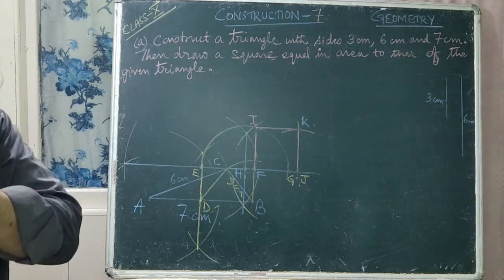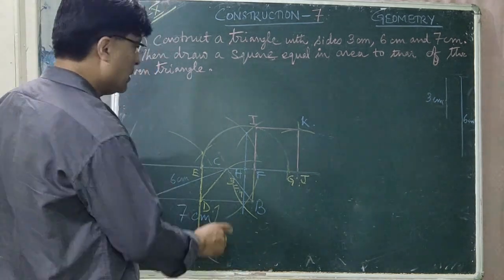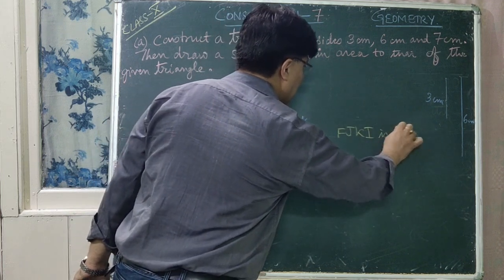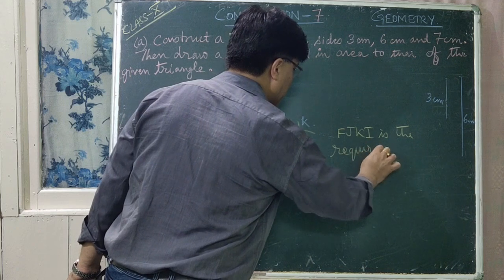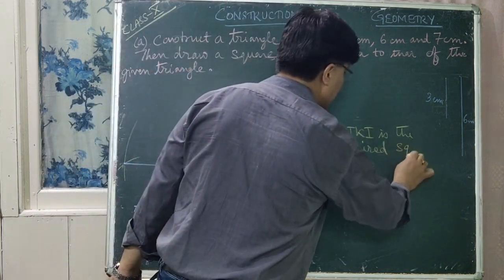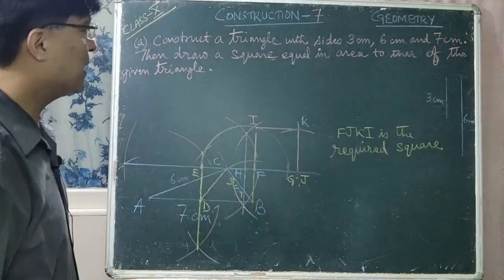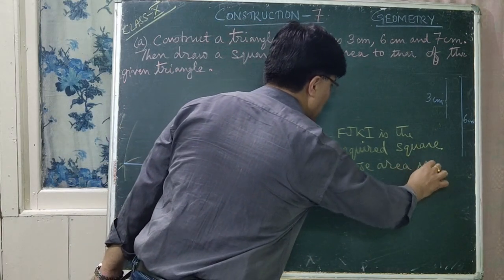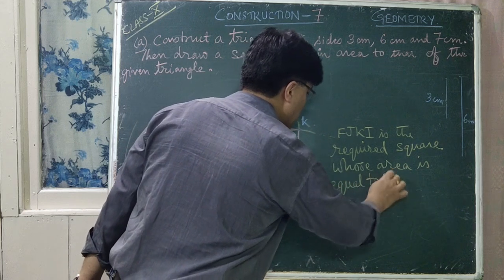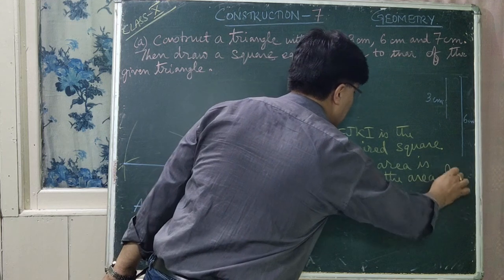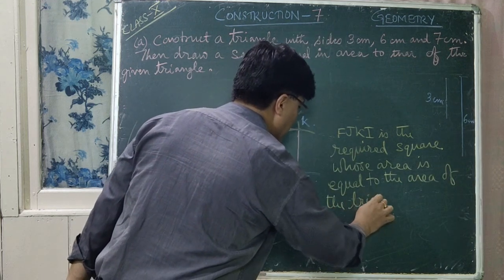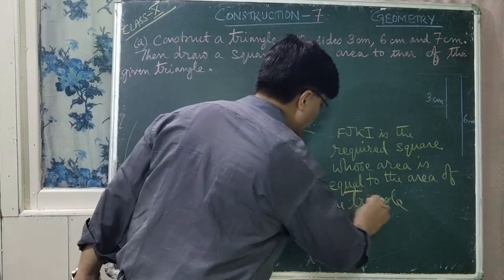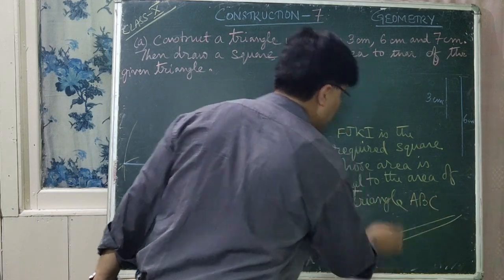So I think you have understood it. So you have to write down here: FJKI is the required square whose area is equal to the area of the given triangle ABC.